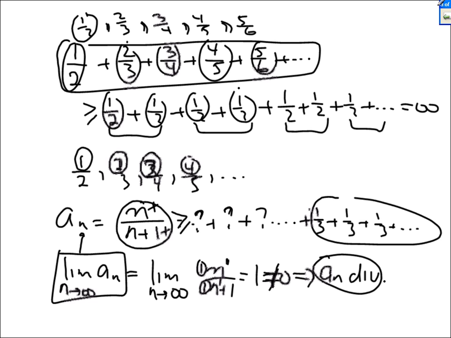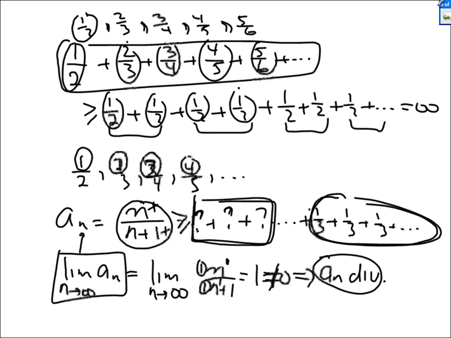Divide positives, you get positives. So at some point, they'll all be bigger than a third. And then a third plus a third forever is infinity, and you add on some of these unknown positive numbers, you get a little bit more than infinity, which is infinity.